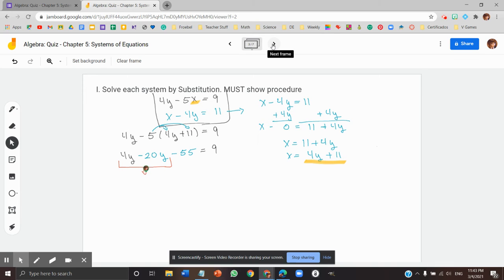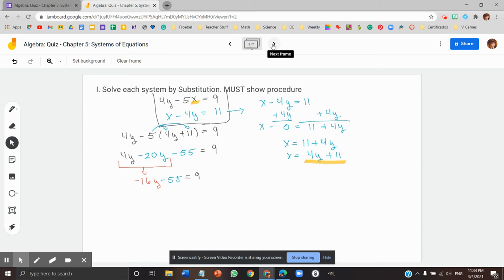That's going to be negative 16y. And everything else I'm just going to put where it's supposed to be. Minus 55 and equal 9. I know I have a lot of colors there, but that is just for you to see where everything came from.